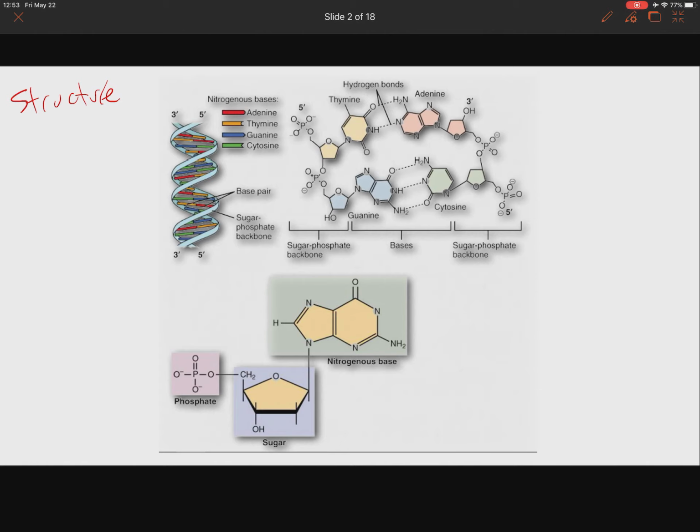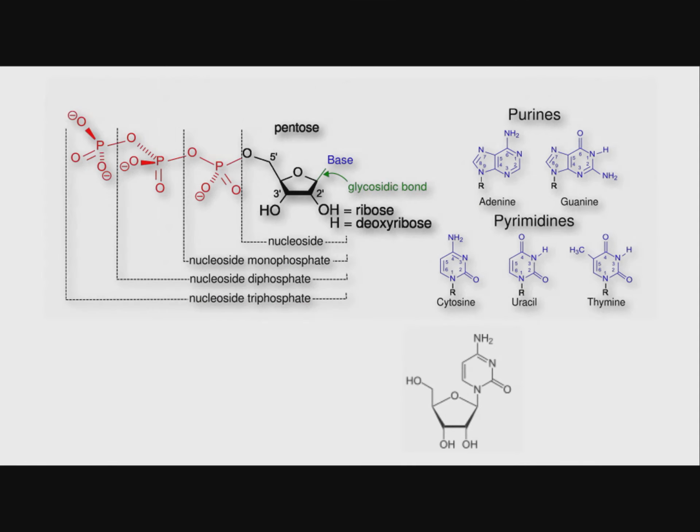The most common form is the beta form, and I'm going to show you a few different images of that coming up. This has the DNA helix repeating 1 full turn every 10.5 base pairs, with the sugar and the phosphate part of the molecule forming the covalent phosphodiester backbone.